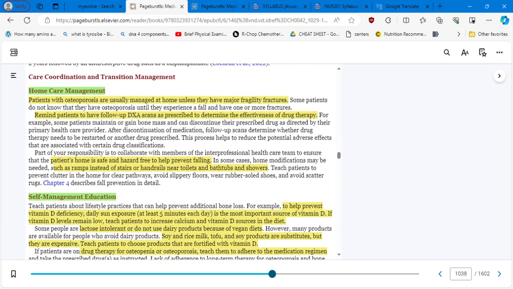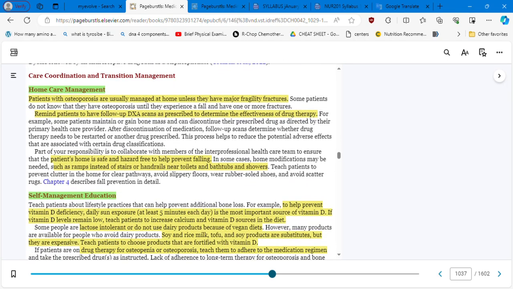So when we transition this patient to home care, they are usually managed at home unless they have major fragility fractures, in which case they are going to be transferred to another facility.